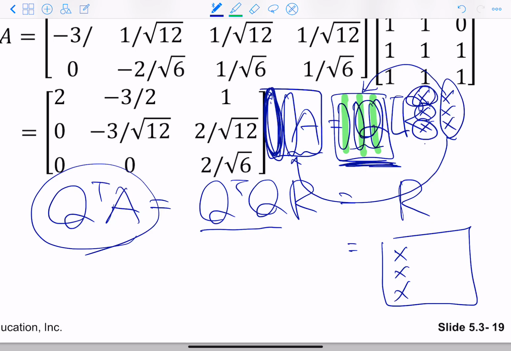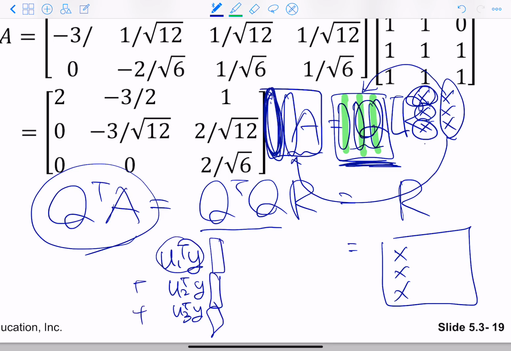If we are given orthonormal basis vectors, then U1 transpose y, U2 transpose y, U3 transpose y. So that was our linear combination coefficient that is associated with U1, U2, and U3, right? Okay, and so how can we obtain these coefficients?